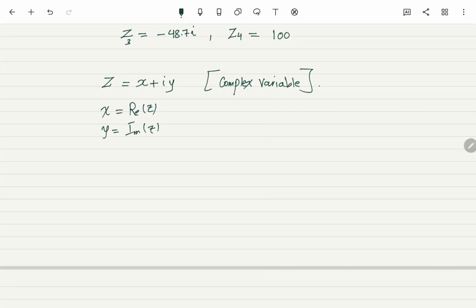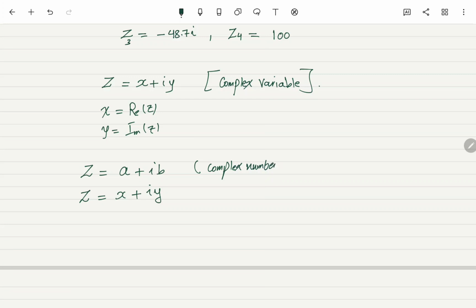So far we defined a complex number a plus ib. We defined also a complex variable z equal to x plus iy. This is a complex number, in such a way that a and b could be any numbers, and this one here is a complex variable.